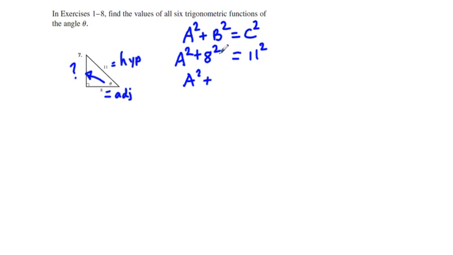What is 8 squared? Well, 8 squared is 64. Equals 11 squared. 11 squared is 121. So A squared is going to be equal to 121 minus 64.